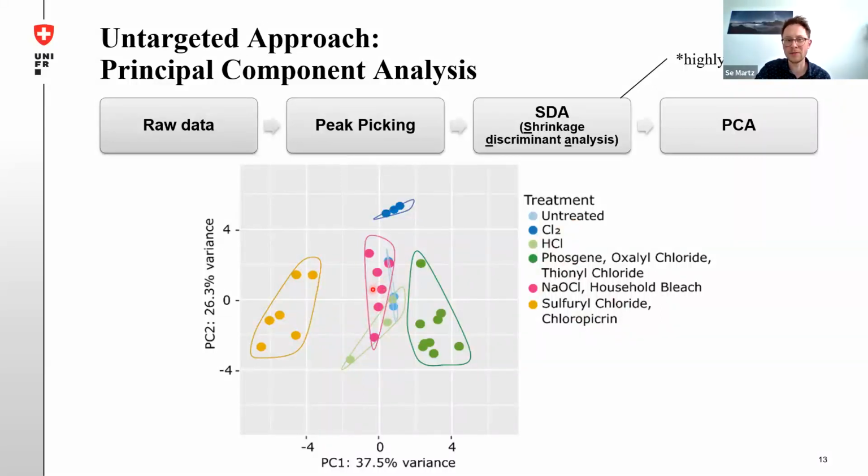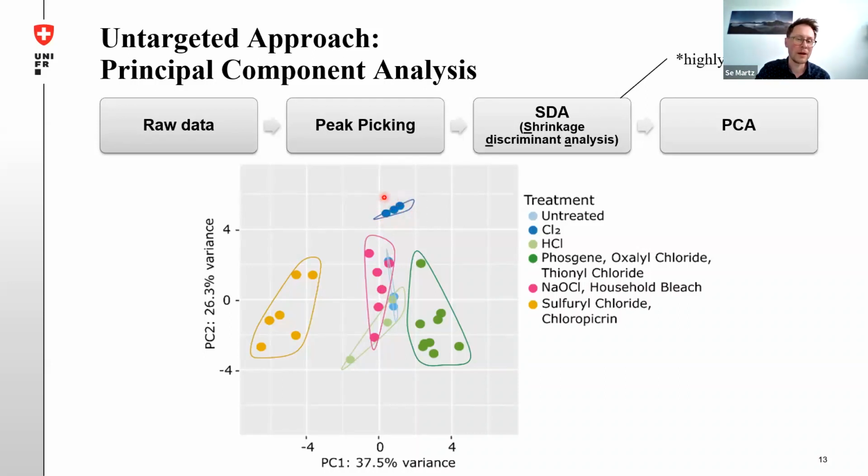So there was a high correlation going on. But in the case of chlorine, you can see that this section here can be greatly separated from this middle section, meaning that in these samples, there were some molecules present that make a difference.